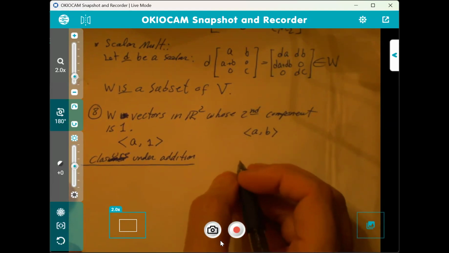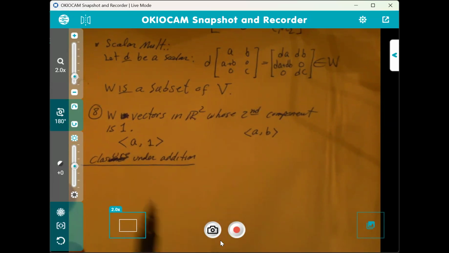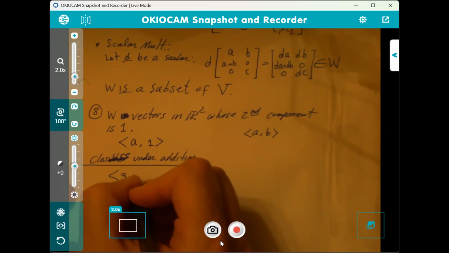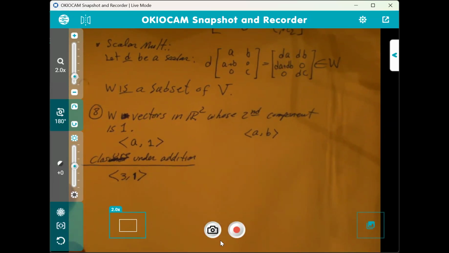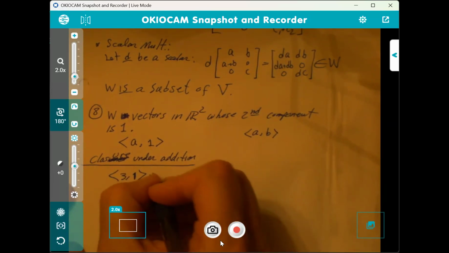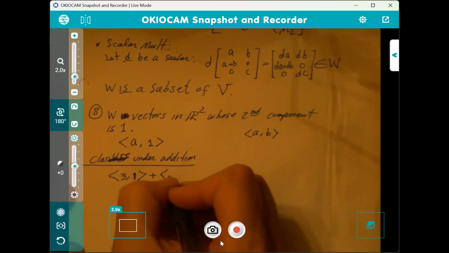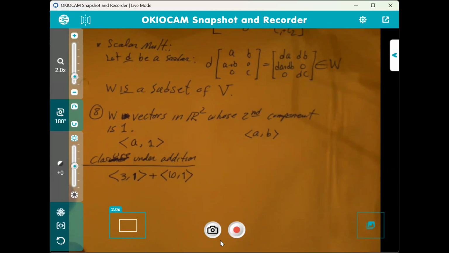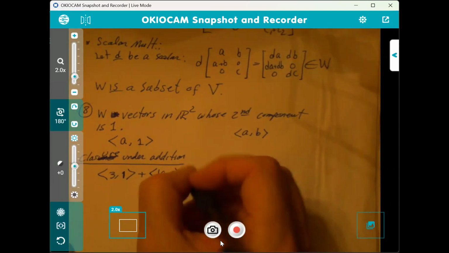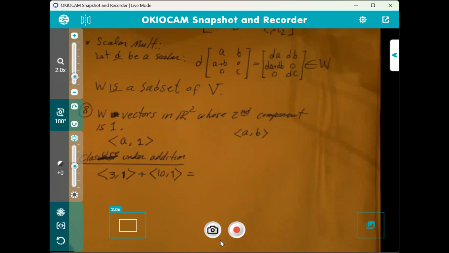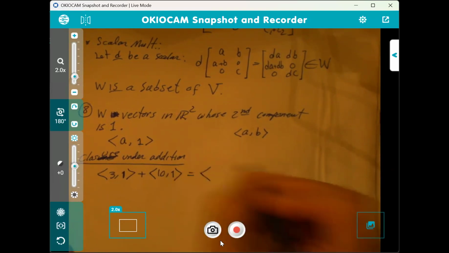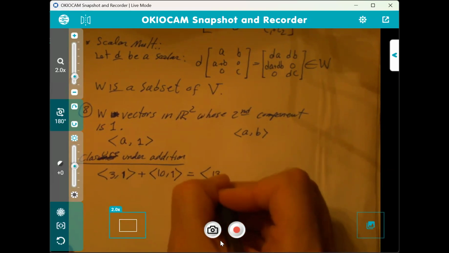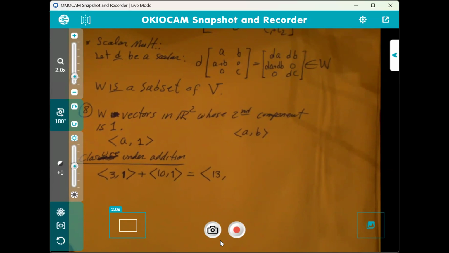We're going to grab two vectors from the author's list of vectors. Let's say (3, 1). The second component has to be 1, and the first component could be anything. So how about (10, 1). Let's add them and see what happens. When we add, what do we get? The first component, 3 plus 10, is 13. What will the second component be?